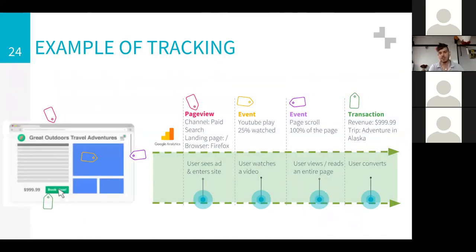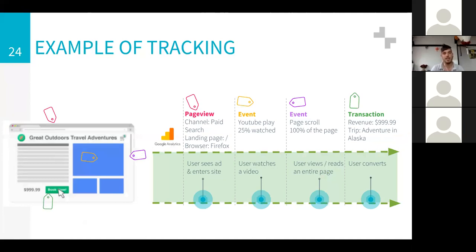So this is just an example of what information is sent and when. I have this website, which is called Great Outdoors Travel Adventures, that is selling tours. When someone is searching for tours, well, my ads in AdWords will pop up in the search result page.